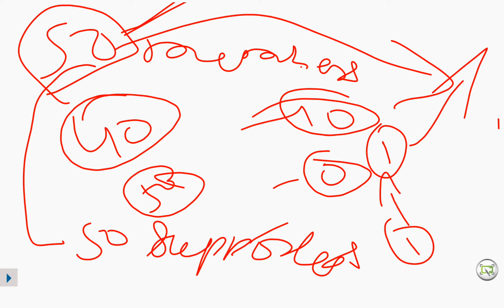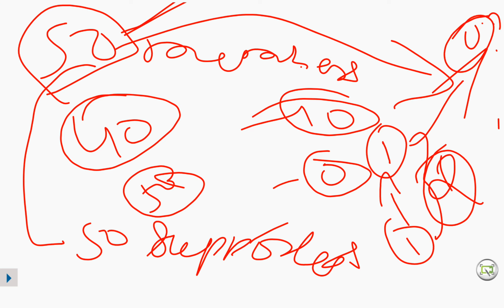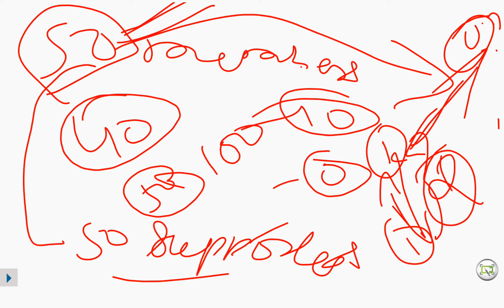So indirectly, total how much? Two members are supporting or voting for this president. One direct person and through him one more. So this is the meaning. 50 proposers direct and 50 seconders should be there. So total how much support of MLAs or MPs? Total 100 support should be there for a person to be the president of India.